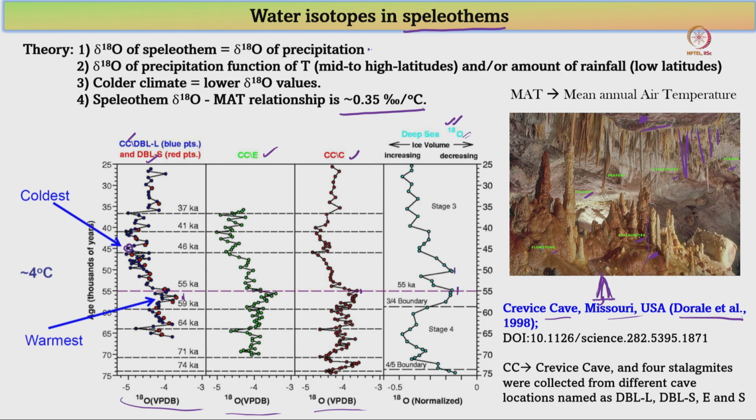So, it is not only from one particular data set, it is from other samples also, and here we have all the dates and they have been checked with other proxies from other reservoirs as well.